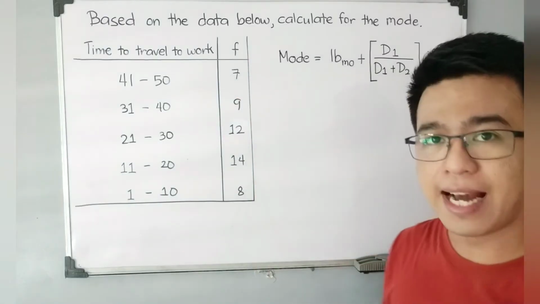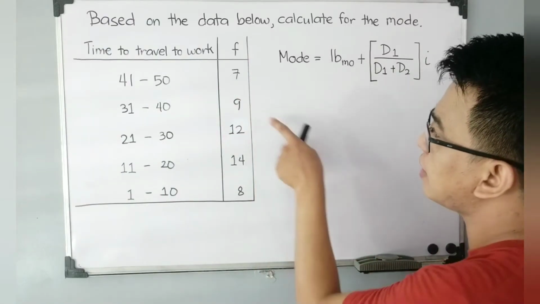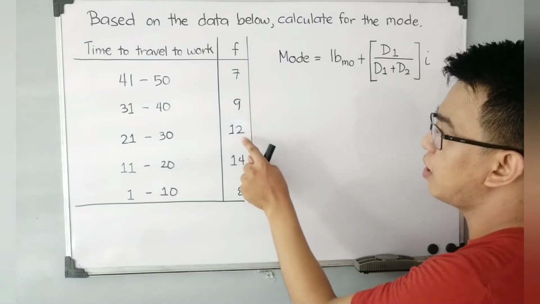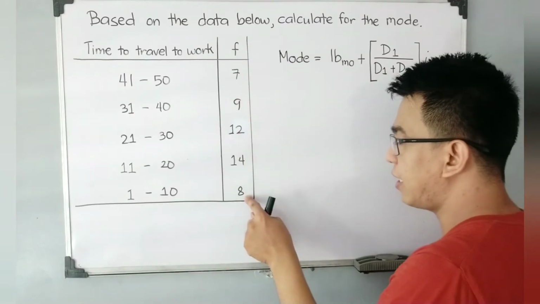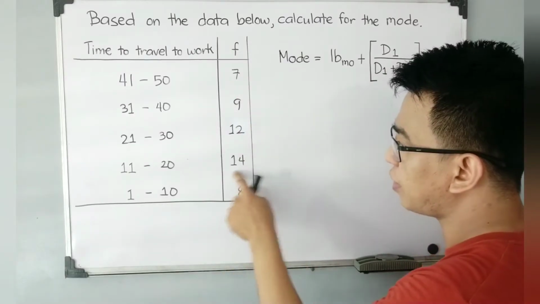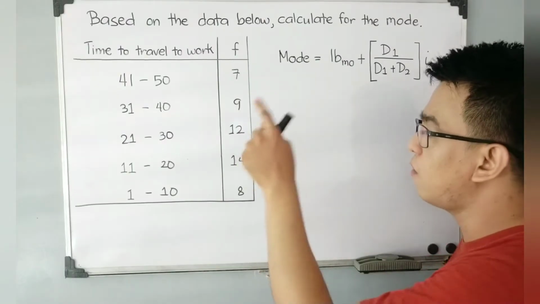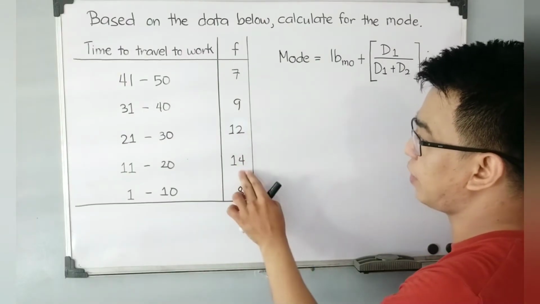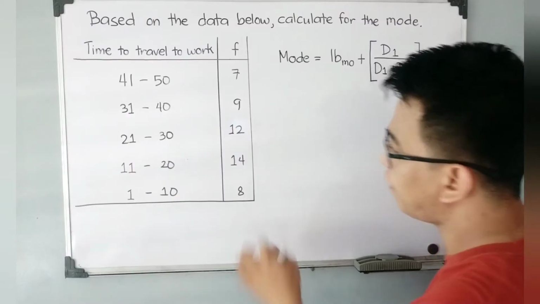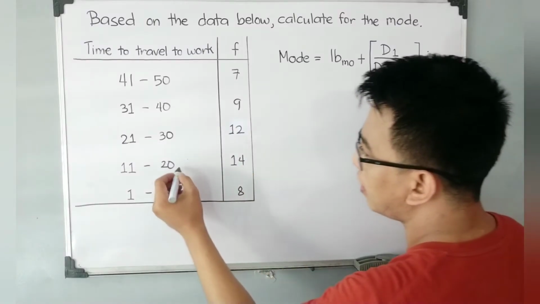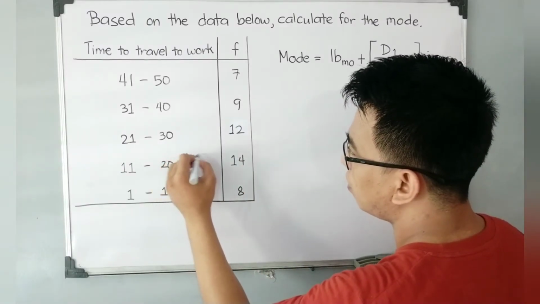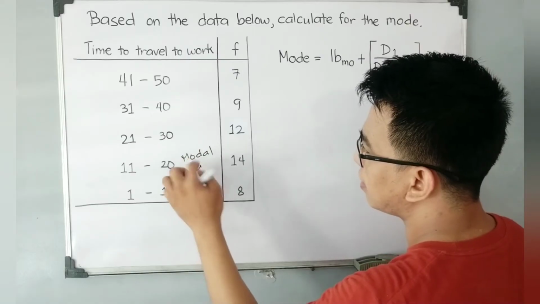We have 9, 7, 12, 14, and 8. All you need to do is to choose 14, because this is the highest frequency. Therefore, if 14 is your highest frequency, this class is your modal class.